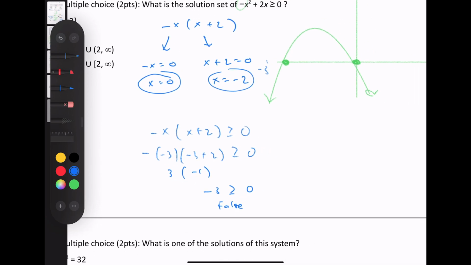Okay, so let's try something now inside here. Let's try -1, because this is -2 and this is 0. So same thing, -1 times -1 plus 2. -1 plus 2 gives me +1.